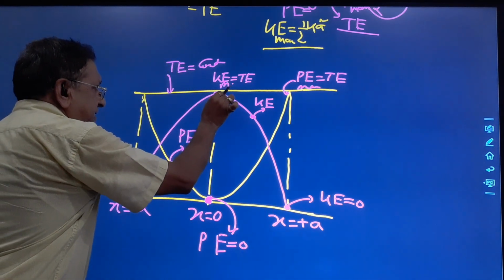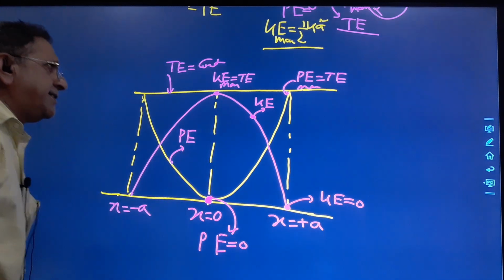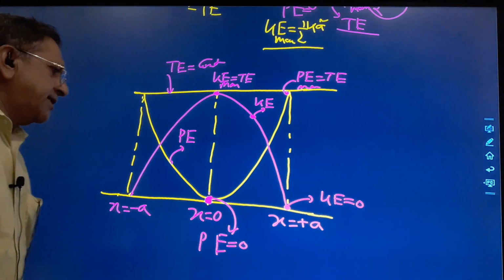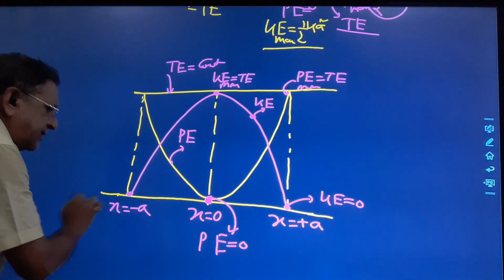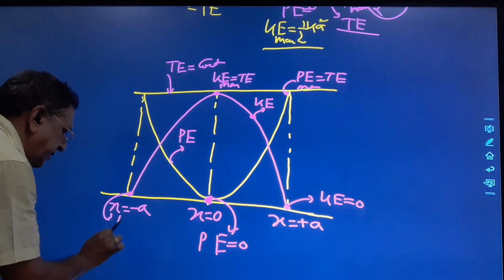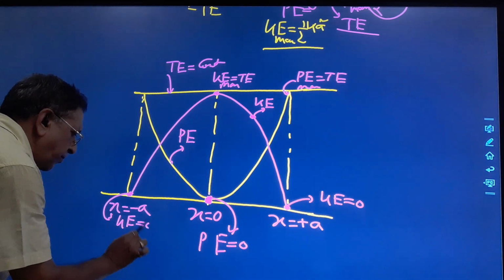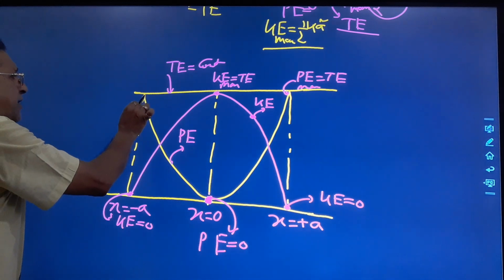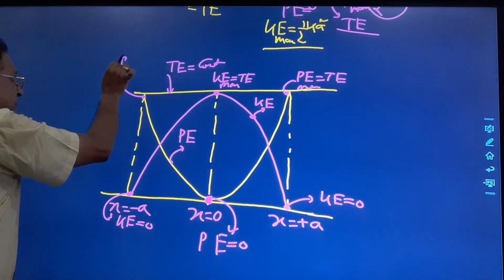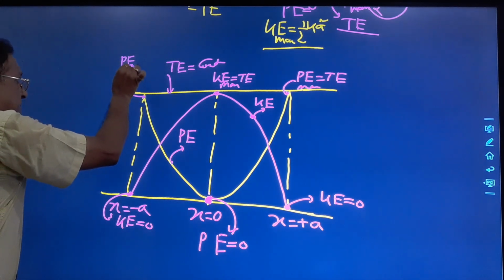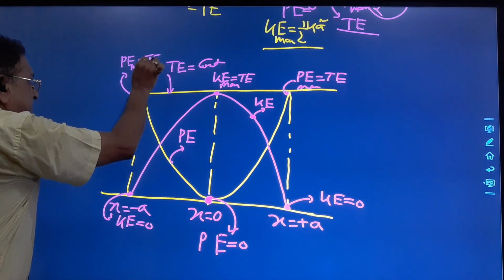At x is equal to minus A, again kinetic energy is 0 and potential energy is maximum, equal to total energy.